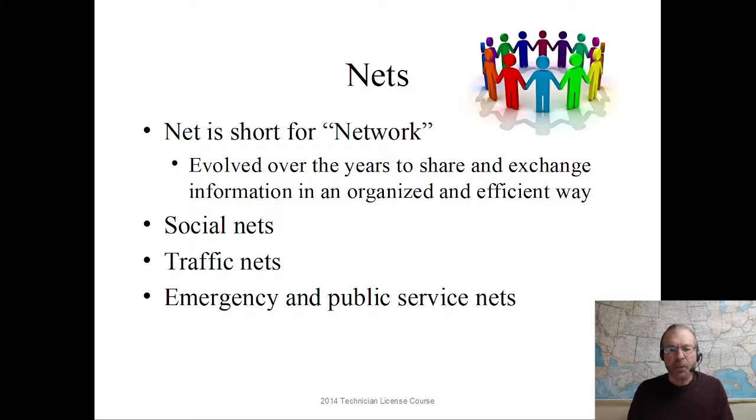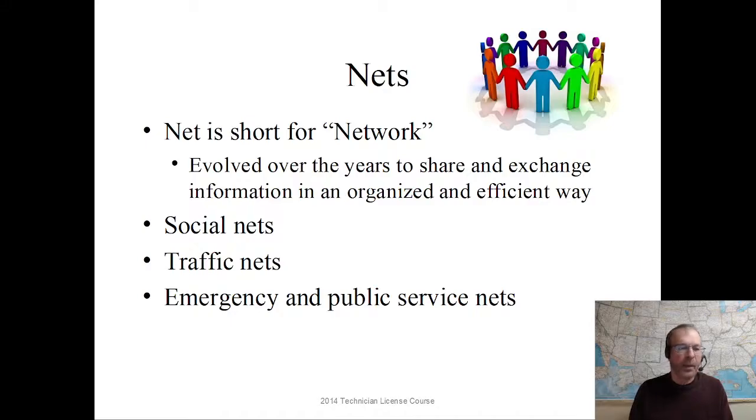Traffic nets, where you're handling more formalized information that's set up to be delivered from one specific source to another specific source. And then there are emergency and public service nets, which also tend to be traffic nets of some kind, but the traffic is for a special purpose.